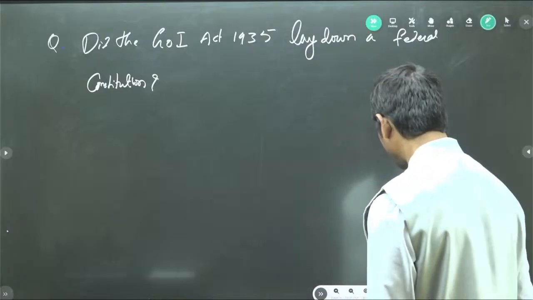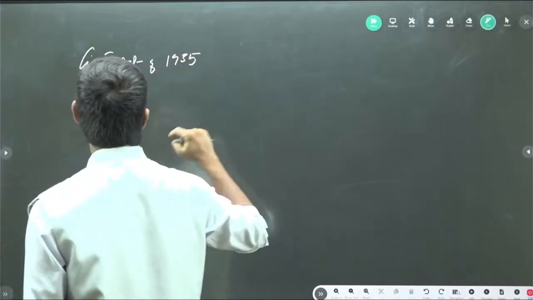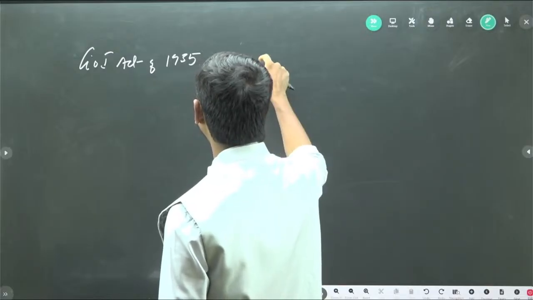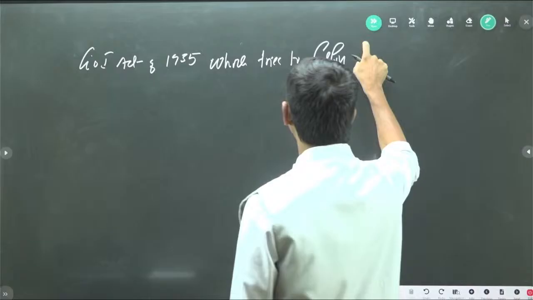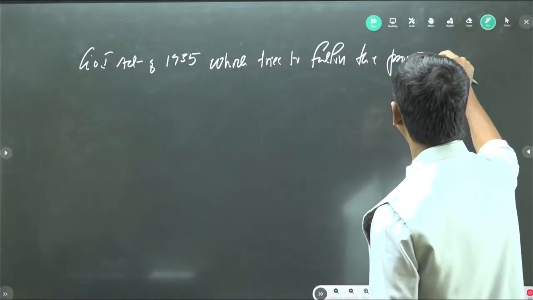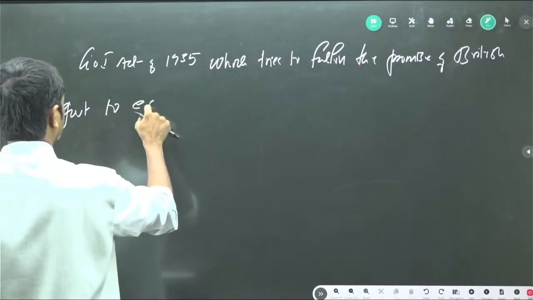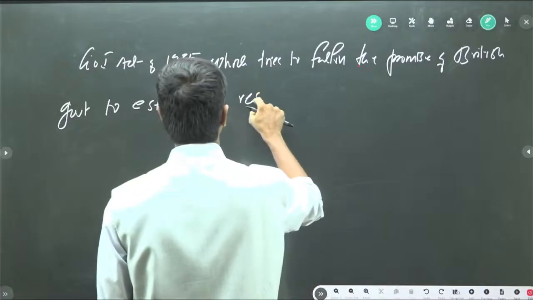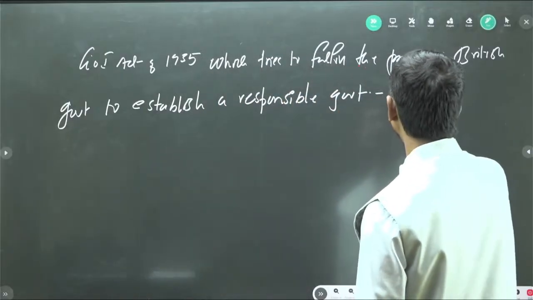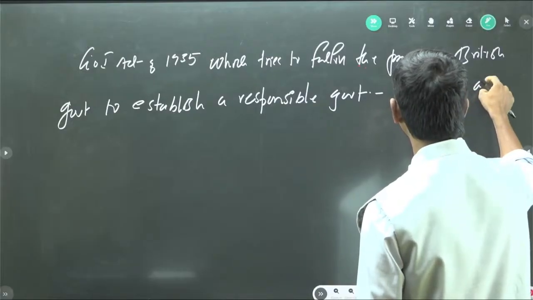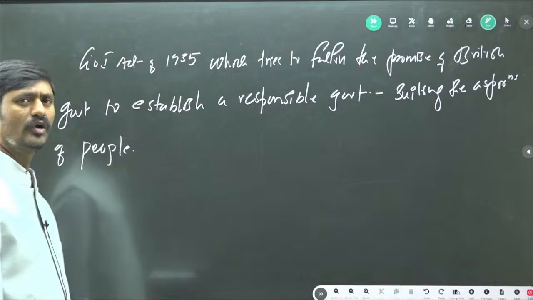So, what kind of answer do we need to write? Here we need to write that the Government of India Act of 1935 tries to fulfill the promise of the British government to establish a responsible government, suiting the aspirations of the people, okay.